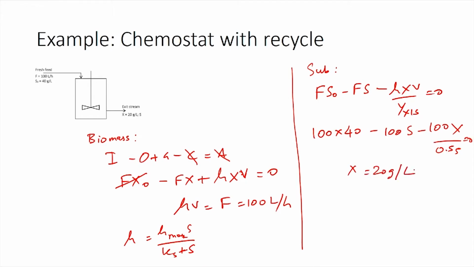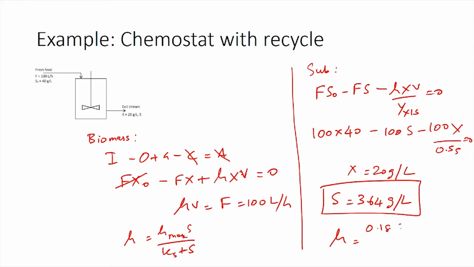Substituting it here to the equation, we can calculate S as 3.64 grams per liter. So, now that we have the substrate concentration, we can calculate the value for mu by substituting the value of mu max, which is 0.18 times S divided by Ks, which is 0.5 plus S. This gives you a value of 0.158.